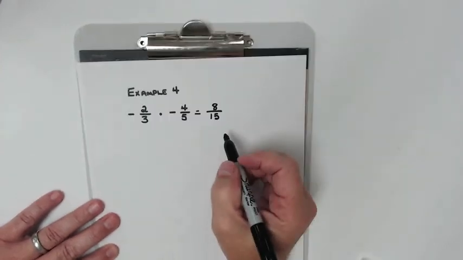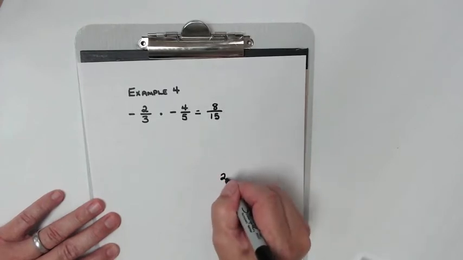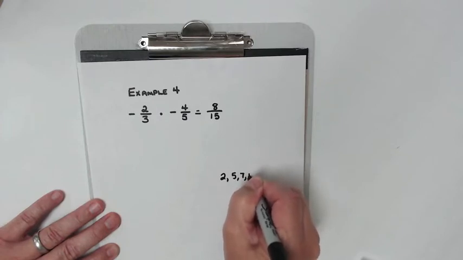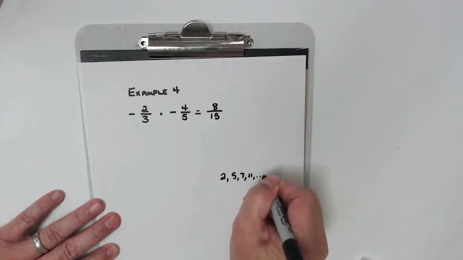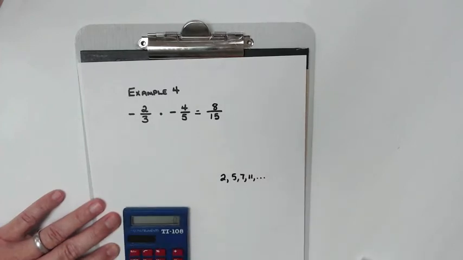I need to simplify this, especially since the top number is smaller than the bottom number. Here are some numbers I need to check and see if they will go into each one of those. Starting with 2. 2 will go into 8, but will 2 go into 15? 15 divided by 2 won't work. 5.